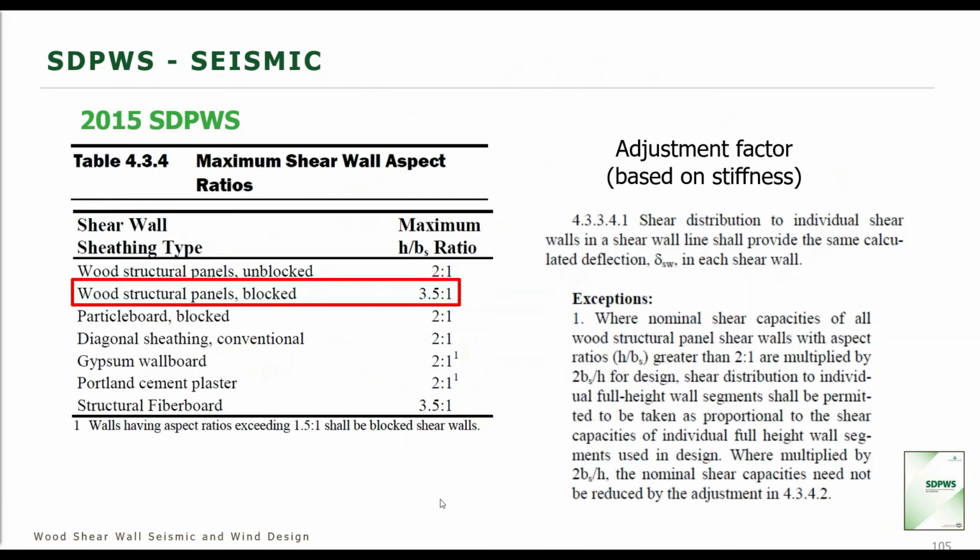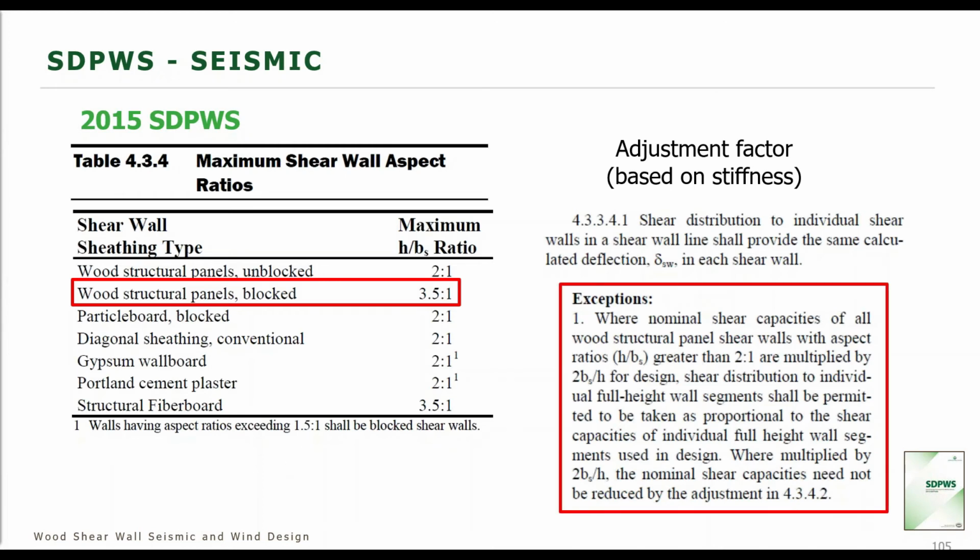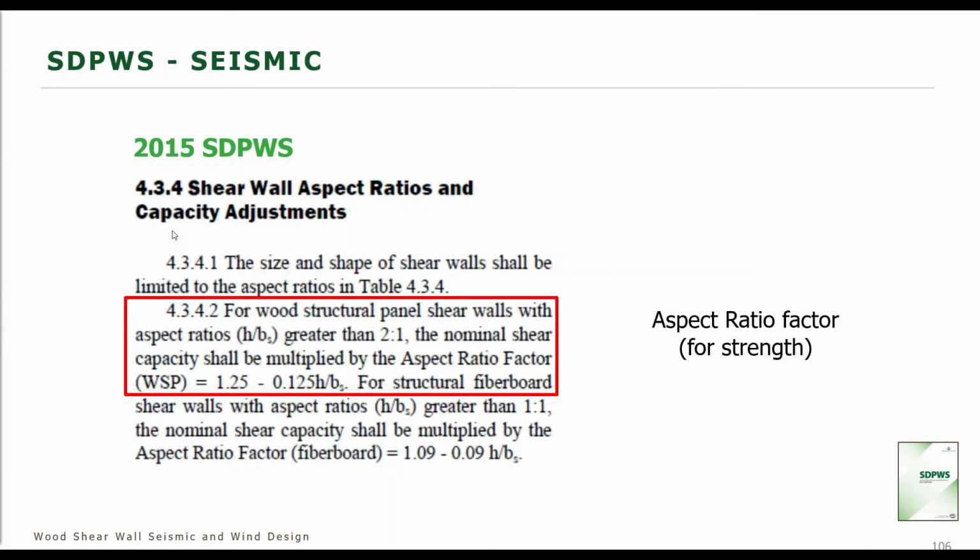And then we've got to look at the adjustment factors based on stiffness, which we talked about previously, 4.3.4.1, and then based on strength, which is what this table is about, table 4.3.4, and is explained in the next slide, where we're adjusting for strength.